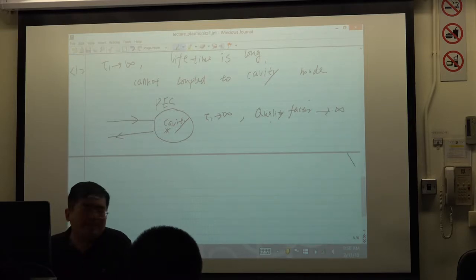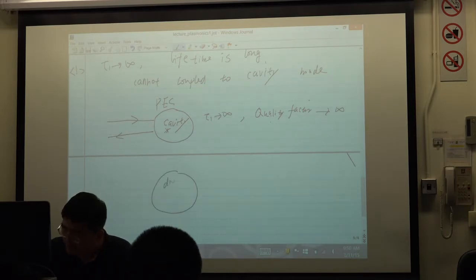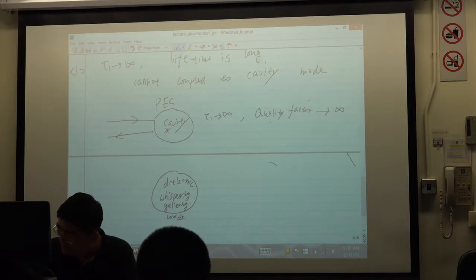This is the reason why a whispering gallery mode cannot be excited with a plane wave. A whispering gallery mode is in a dielectric. It can be understood as total reflection.